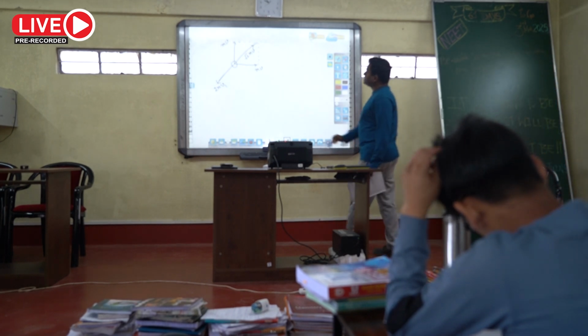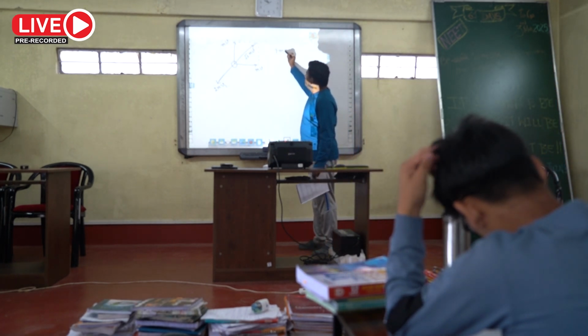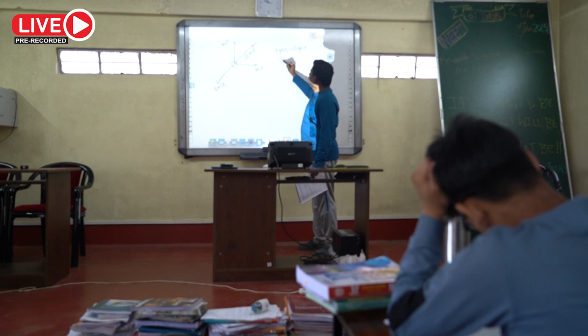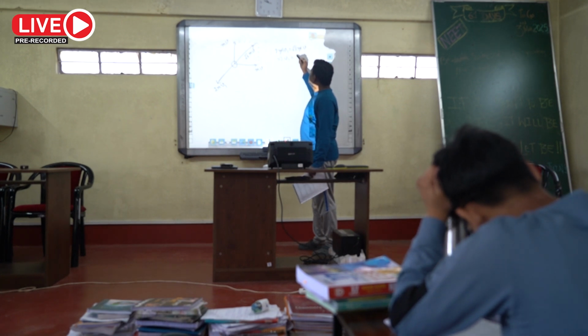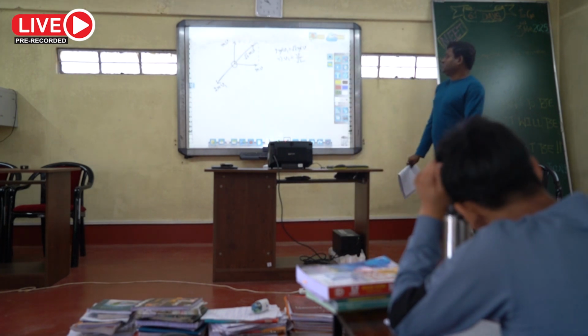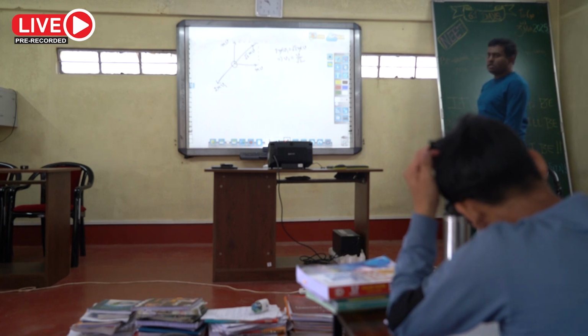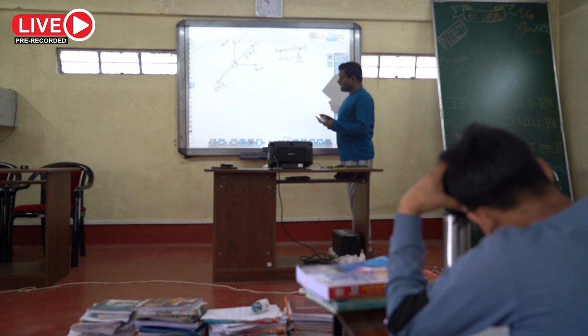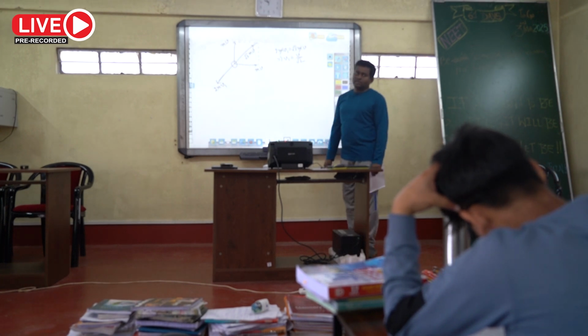So root 2 mv must be equal to 2m v1 such that momentum is conserved. So from this equation we can write 2m v1 equal to root 2 mv. m cancels, so v1 equal to v by root 2. Then we have to calculate the total kinetic energy generated due to explosion.